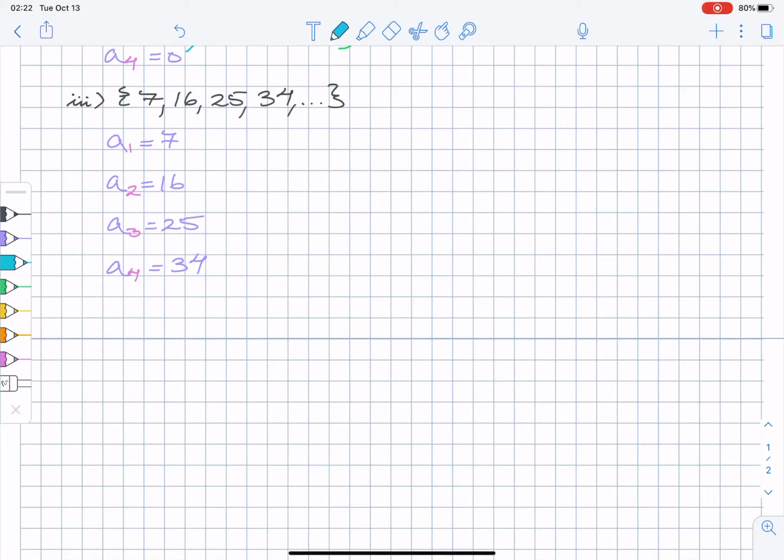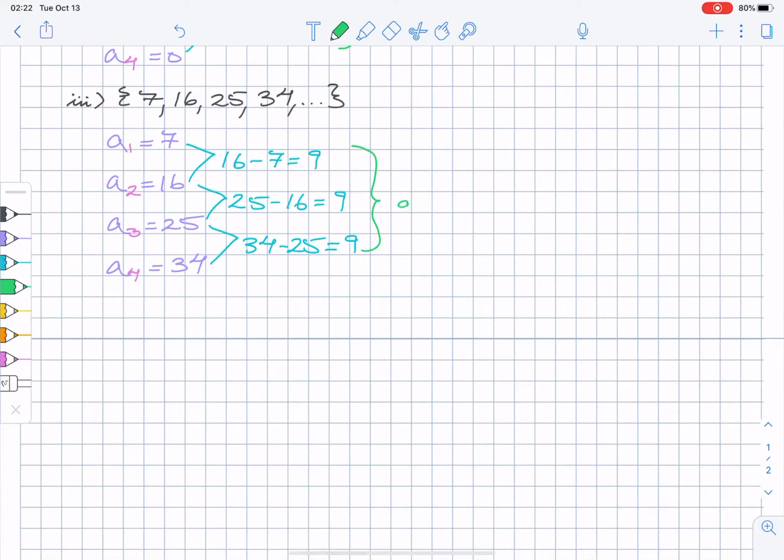Let's look at the common difference. 16 minus 7 is 9. 25 minus 16 is 9. 34 minus 25 is 9. So the common difference here is 9, and the first term is 7. Okay, so hopefully that makes sense.